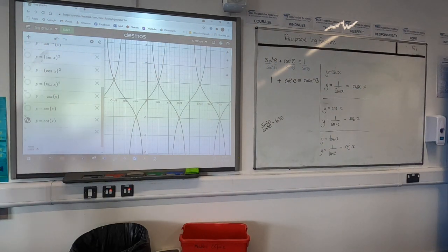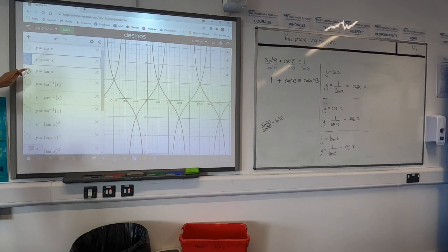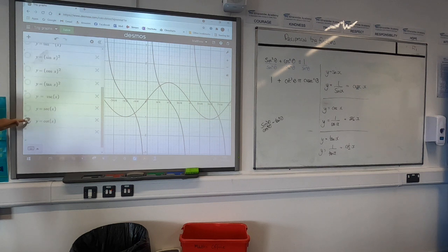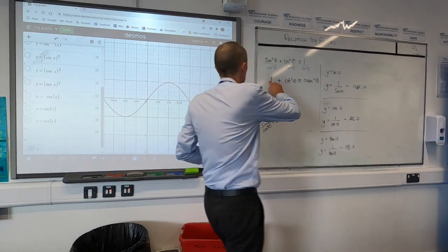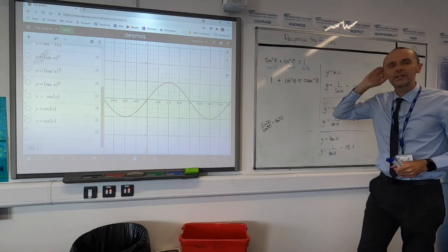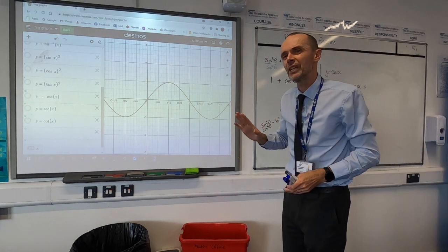Now, I can justify why I'm allowed to divide by sine theta, because let me put the graph of sine up on the board. That's sine. Remember I said I'm dividing by sine squared theta, which I'm not normally allowed to do because it can be 0.